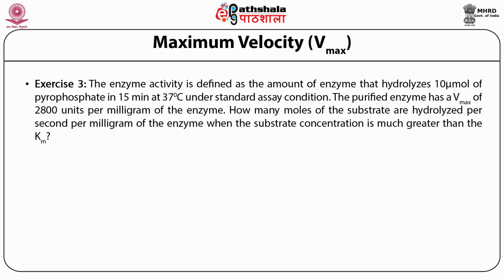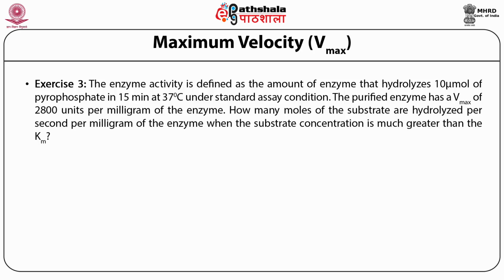This is the information given for that enzyme. The purified enzyme has a Vmax of 2800 units per milligram of enzyme. How many moles of the substrate are hydrolyzed per second per milligram of enzyme when substrate concentration is very much greater than the Km?